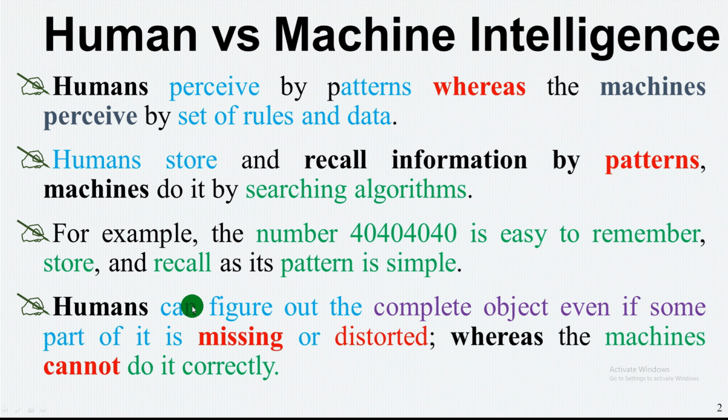For humans it's so simple, whereas the intelligent machine cannot do it correctly. This is another difference between human and machine intelligence.